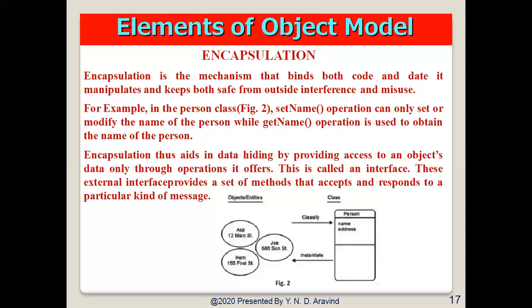For example, in the person class shown in this figure, the set name operation can only set or modify the name of the person, while the get name operation is used to obtain the name of the person. So here, encapsulation aids in data hiding by providing access to the object's data only through the operations it offers, that is, set name and get name.